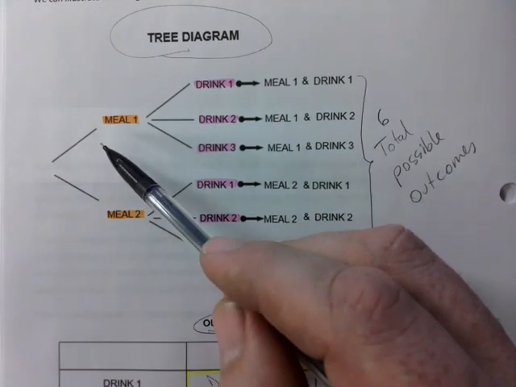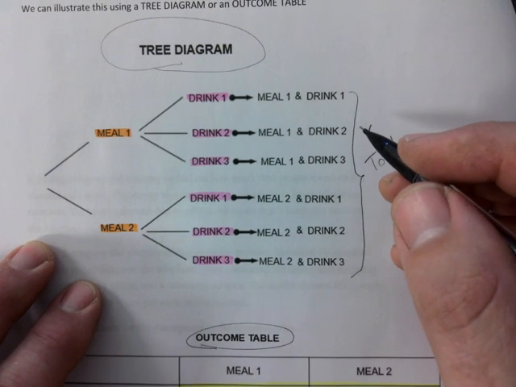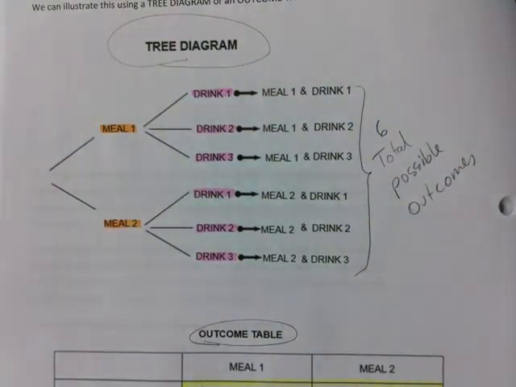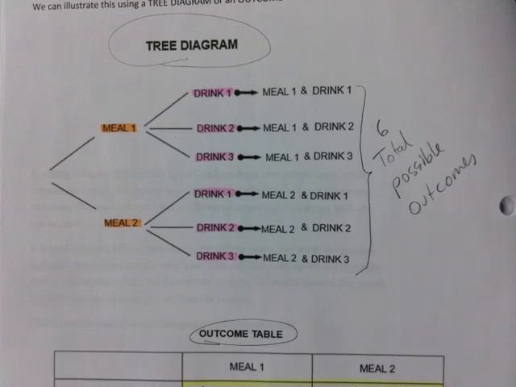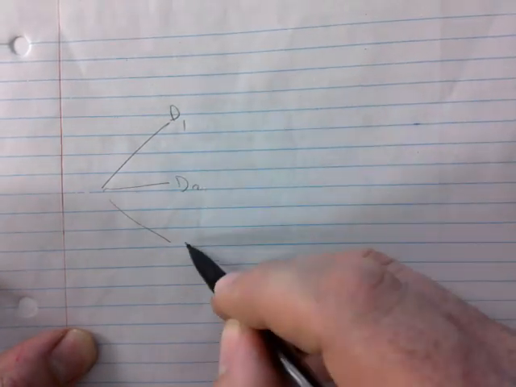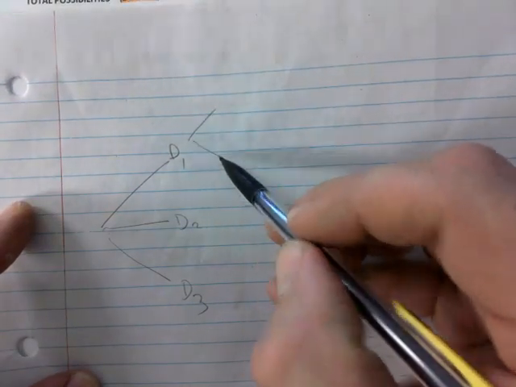By the way, maybe don't copy this, but you could have started this way. This exact same thing, we could have actually started with our 3 drinks. I could have gone drink 1, drink 2, drink 3, and then branched off of each one of them with the 2 meals.